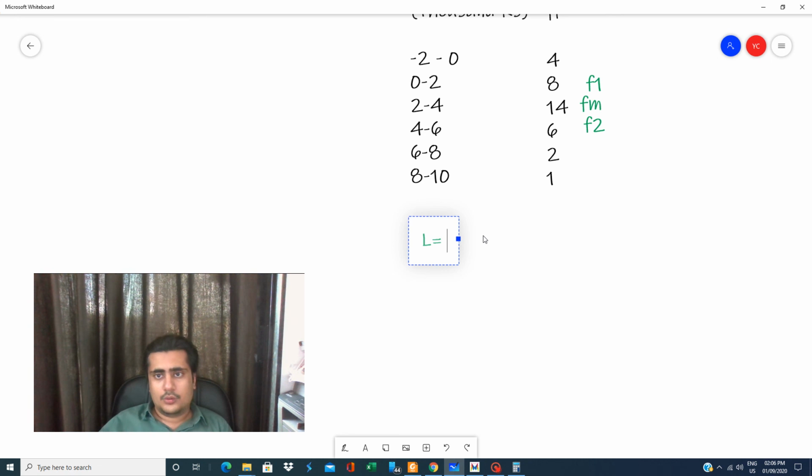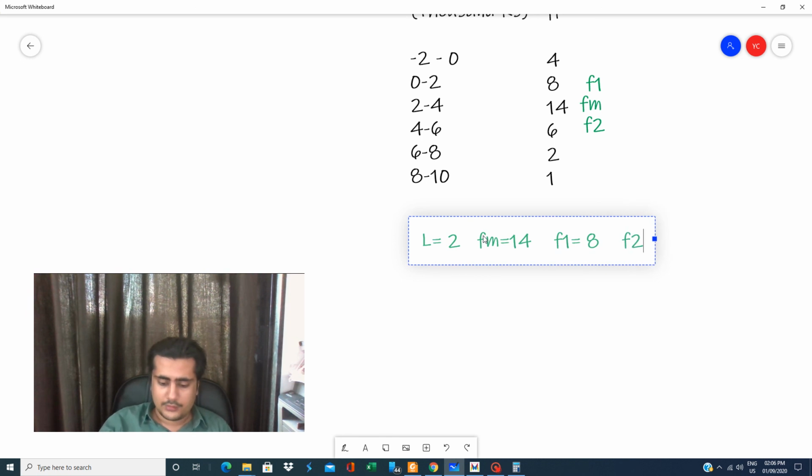So lower boundary is 2. Then Fm is 14, F1 is 8, F2 is 6. L is 2, Fm is 14, F1 is 8, F2 is 6. Class length is 2.